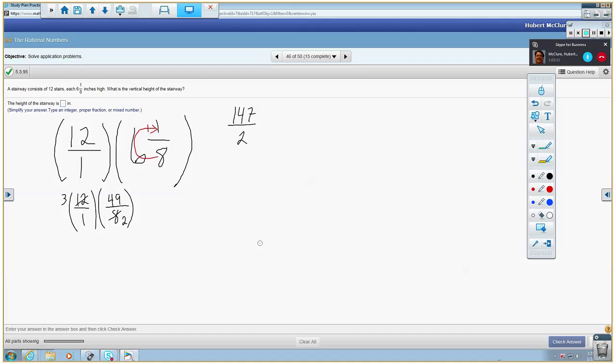Now, nobody in their right mind is going to walk into Walmart and ask for 147 halves piece of rope. Okay? What are we measuring in? Anytime you measure something, name something that you measure besides height. What else do you measure?